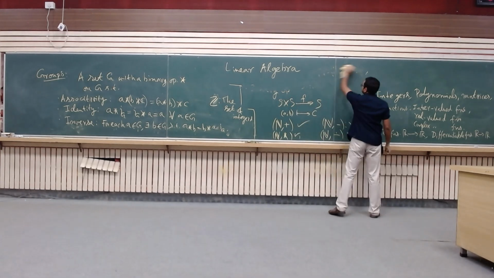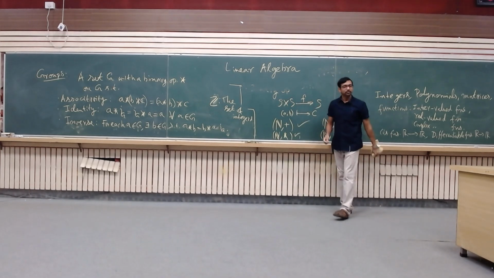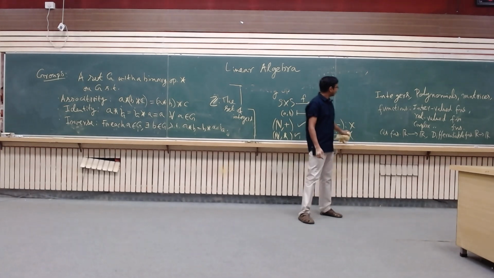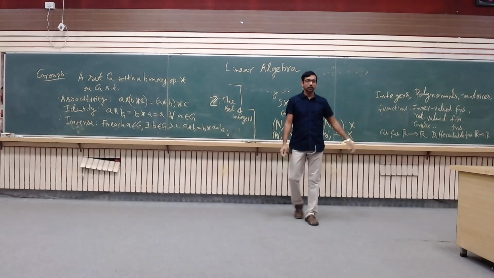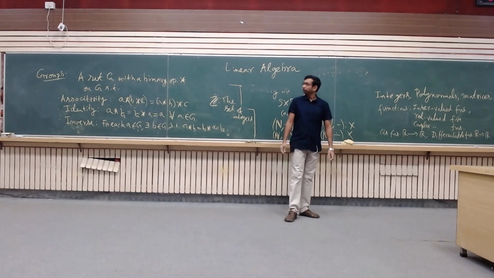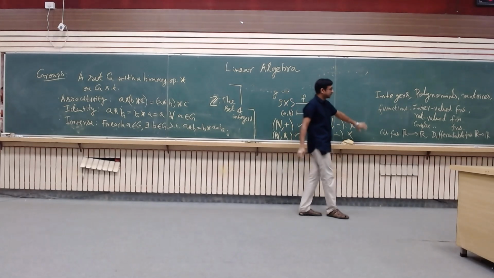Sir? Yes? Should not it be invertible? Should not we specify invertible square matrices? Invertible square matrices? No, we are not defining it. We are just saying the set of matrices over, say, the set of all real matrices or the set of all complex matrices. I'm not saying that this is a group.